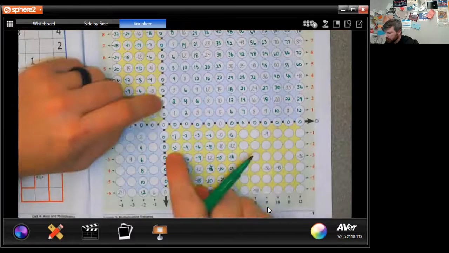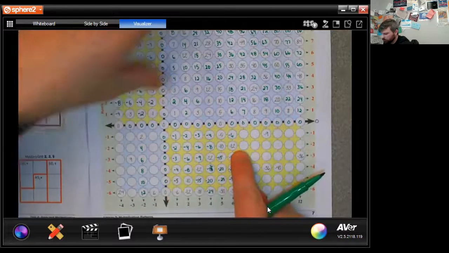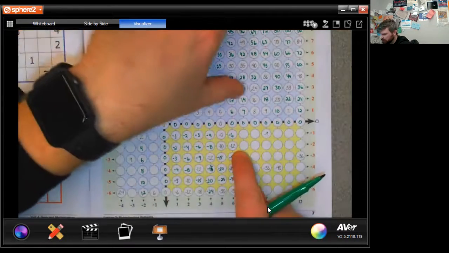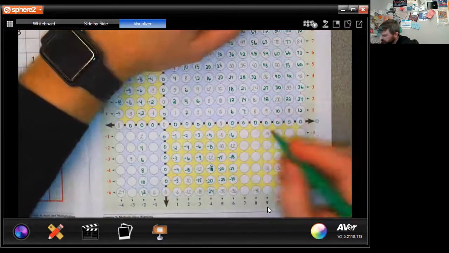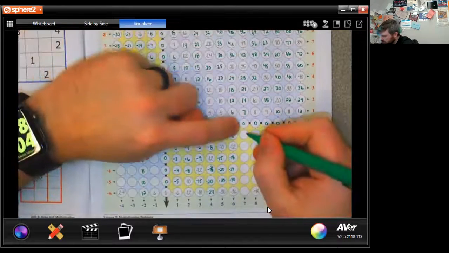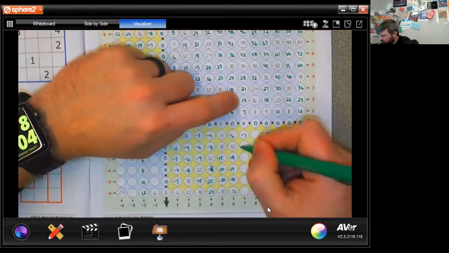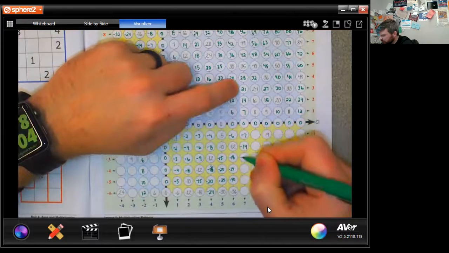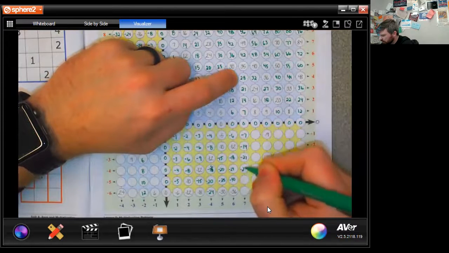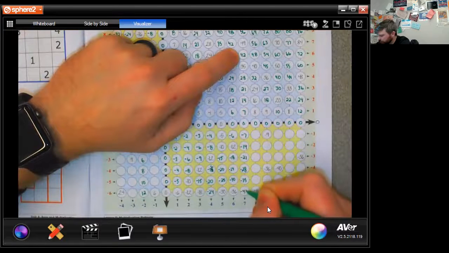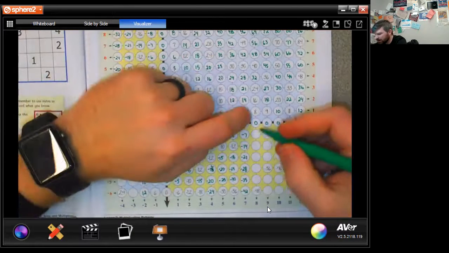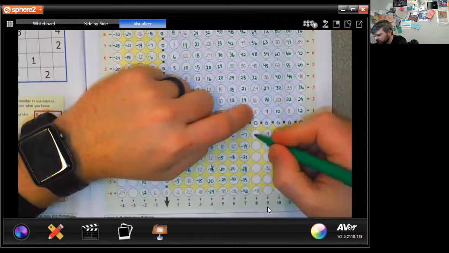Like row -2 would be row 2 up here, just opposite, okay? Or you can go vertical, it doesn't matter. So 0, -7, -14, -21, -28, -35, -42.